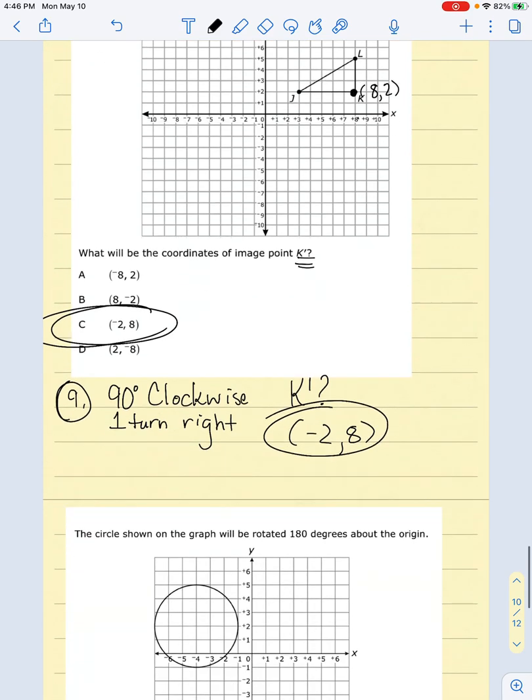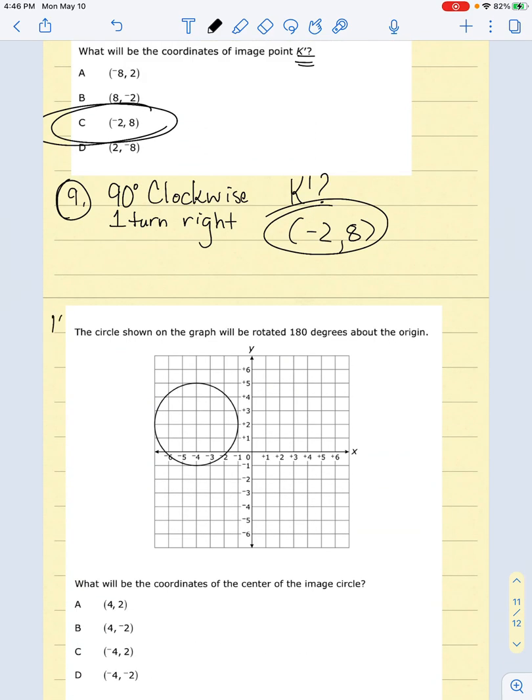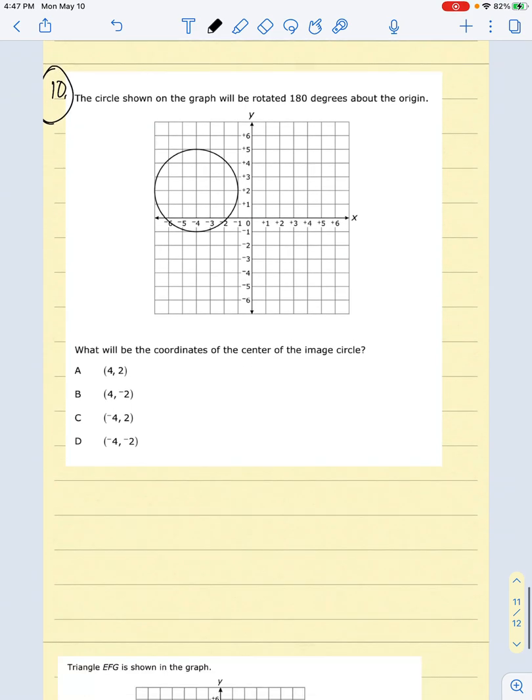Let's try another one. For number 10, it says the circle shown will be rotated 180 degrees around the origin. What will the coordinates of the center image be? So first, let's do 180 degrees.